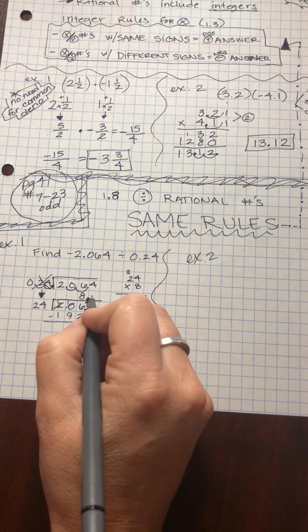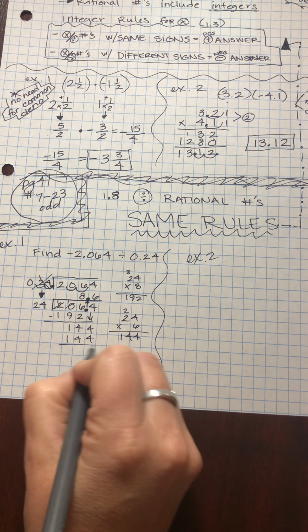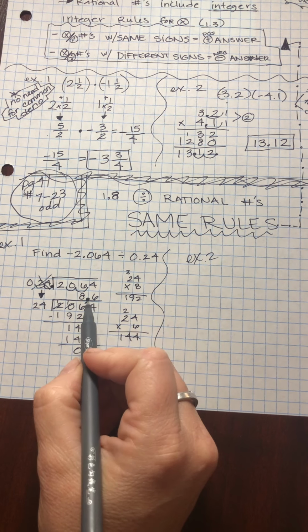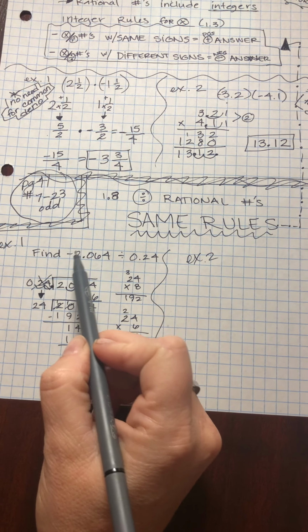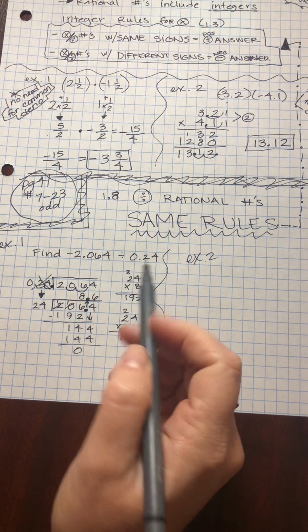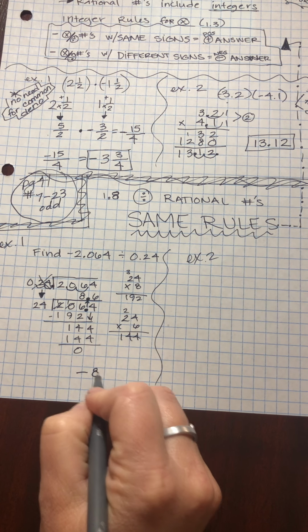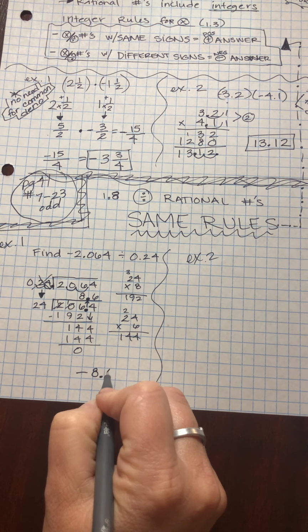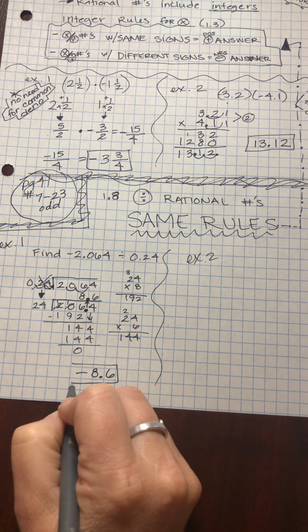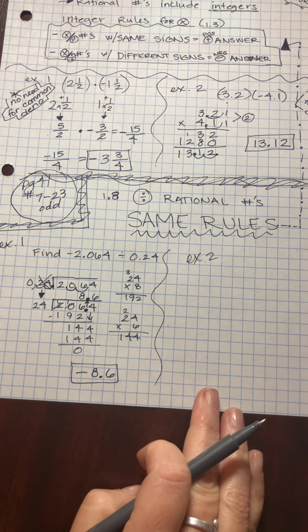Okay, so my answer is going to be 8.6. And because I had a negative divided by a positive, my signs were different, so my answer needs to stay negative. So I have negative 8.6 for that one.